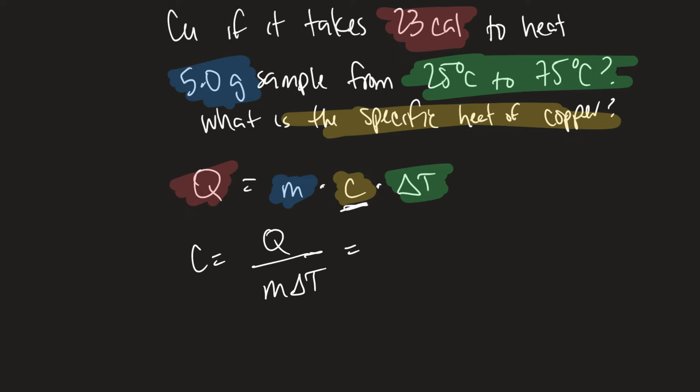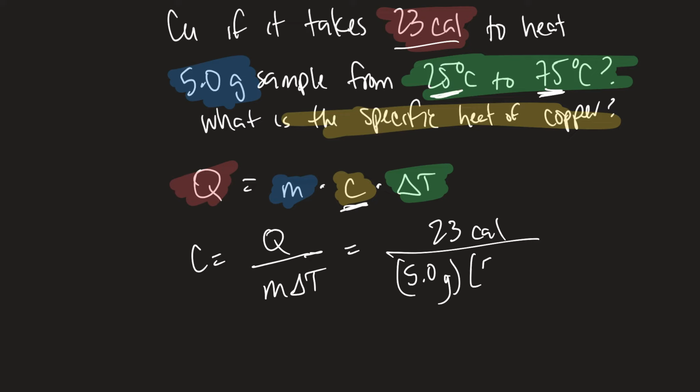All right, and so Q is 23 calories. My mass is 5.0 grams. My delta T is final, which is 75, minus initial, which is 25, so that gives me 50 degrees Celsius. Everything's going to line up accordingly when it comes to the units, which is what I expect.